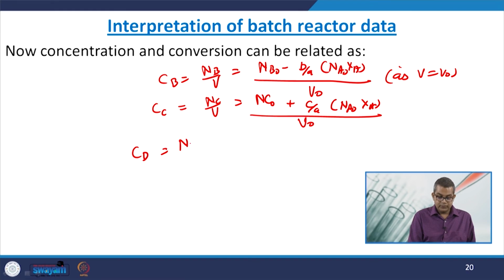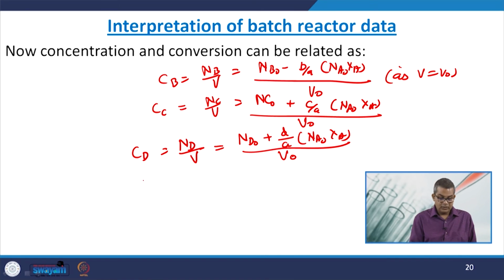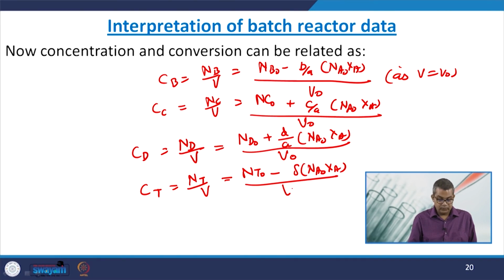Cd is the concentration of component D, and if we talk about the total concentration, it can be represented as Nt upon V, which is Nt naught plus delta Na naught Xa upon V.